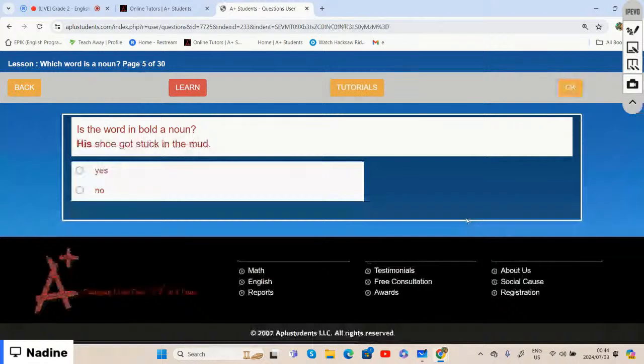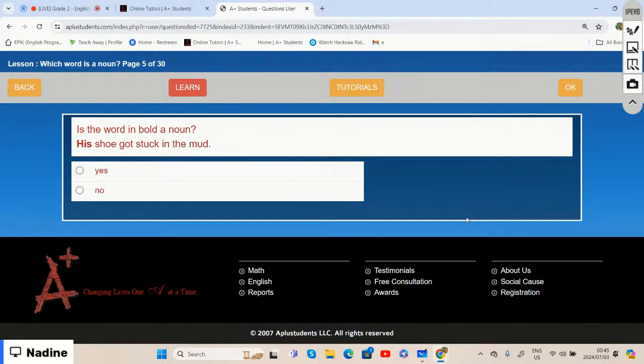His shoes got stuck in the mud. His. Is that a noun? Yes or no. So his, do we say his is a noun? Yes, or his is not a noun?